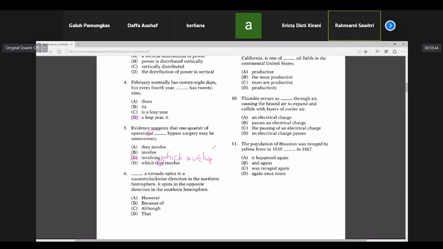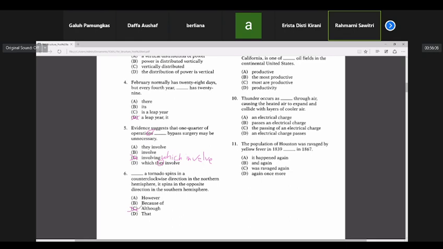Although a tornado spins in the counterclockwise direction, it spins... yes, that's correct. So actually that although is a connector that shows contrast. So here we have contrasting information. However, it's incorrect because it is a connector, but it cannot be used in this position.